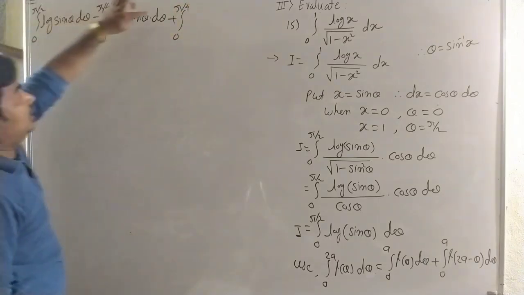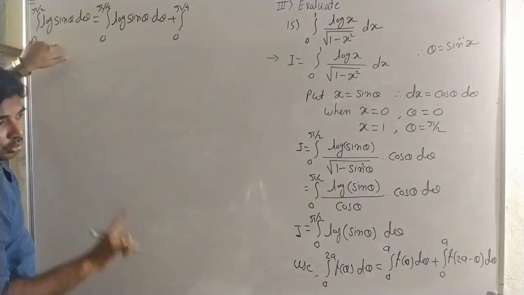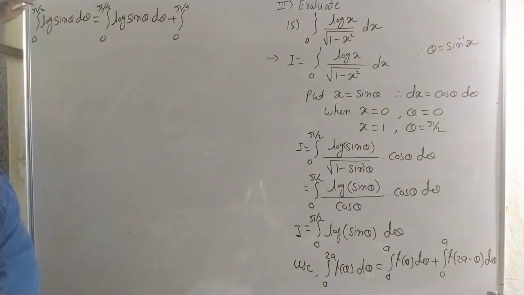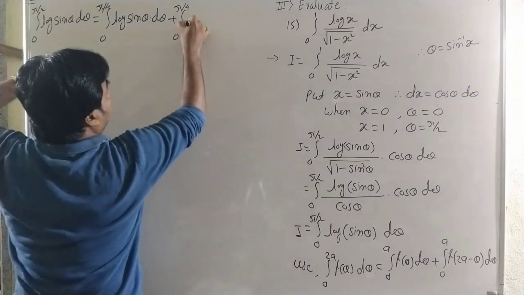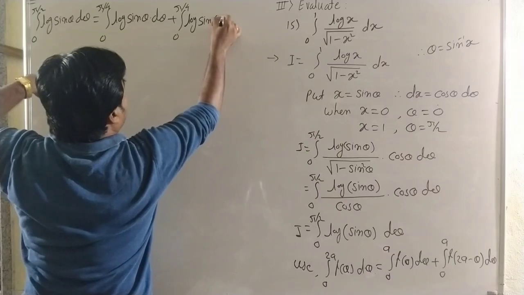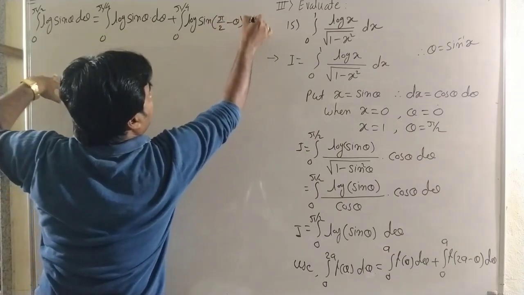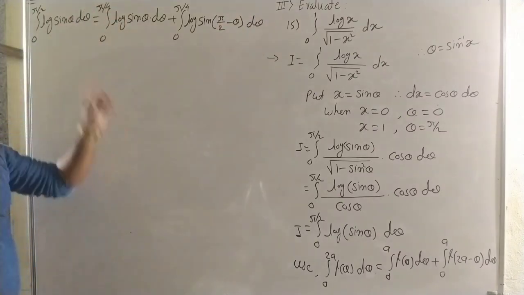Here 2a minus theta, and 2a is pi by 2. Therefore we can write log of sin of pi by 2 minus theta d theta. See carefully this.